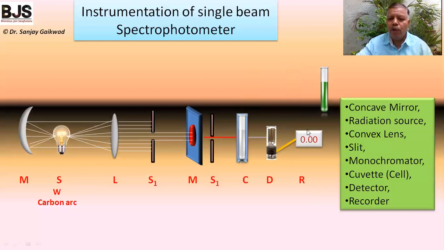We can adjust the zero absorbance or 100% transmittance so that whatever color pigments are present in the solvent material or the glass test tube cell, whatever light gets absorbed, it can be neglected. Therefore, whatever light is transmitted through the blank solution towards the detector, we make it 100% light, that is zero absorbance.